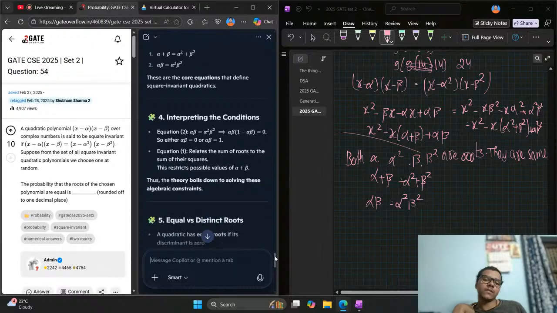Square invariant quadratics. What will you do with this? Okay, alpha beta. You are going to take alpha beta as common.